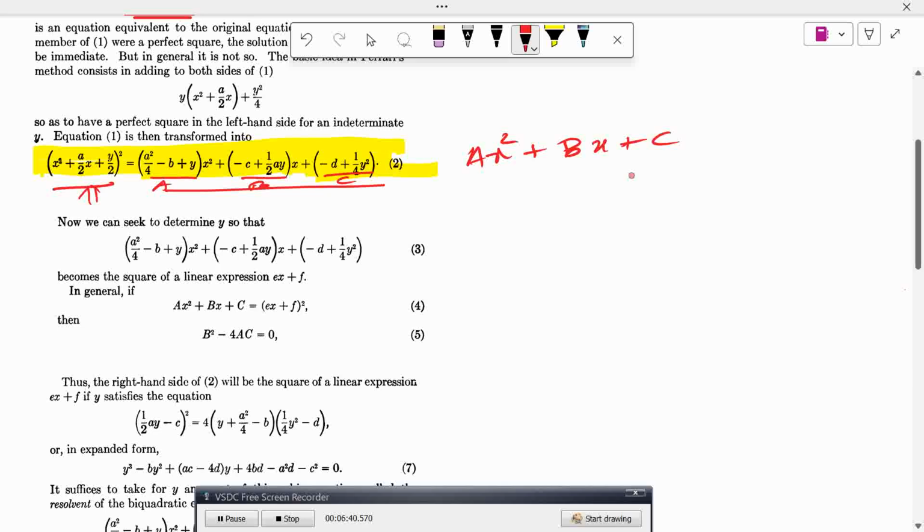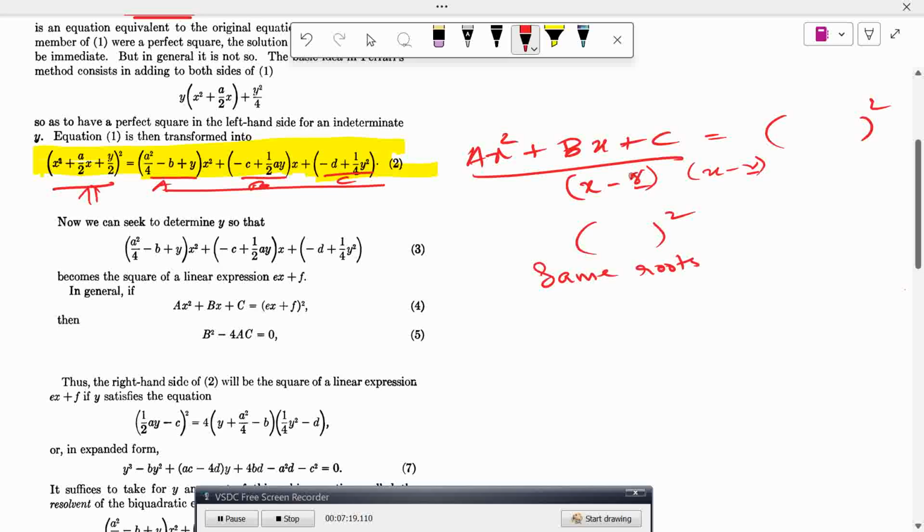When will we get this as a perfect square? If we can factorize this into the product of roots, x minus one root into x minus the other root, then when these roots are the same, we can make it into a perfect square. So the question is, when will the quadratic equation have equal roots?